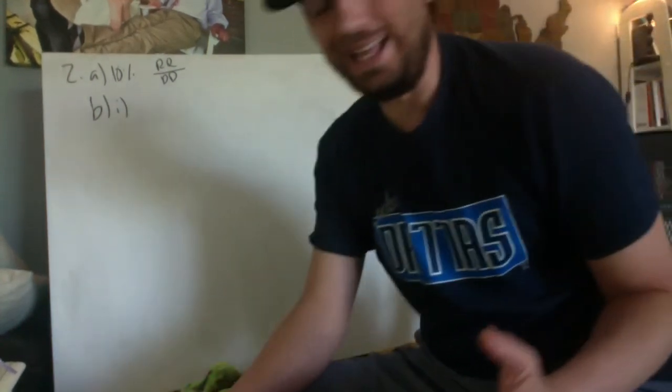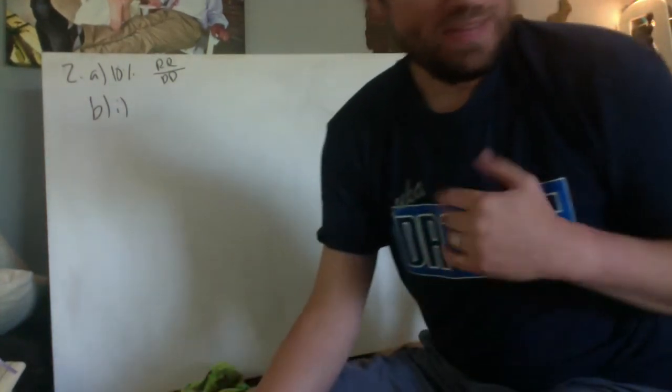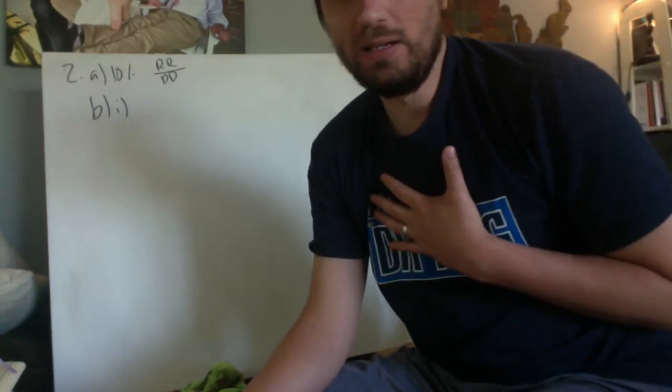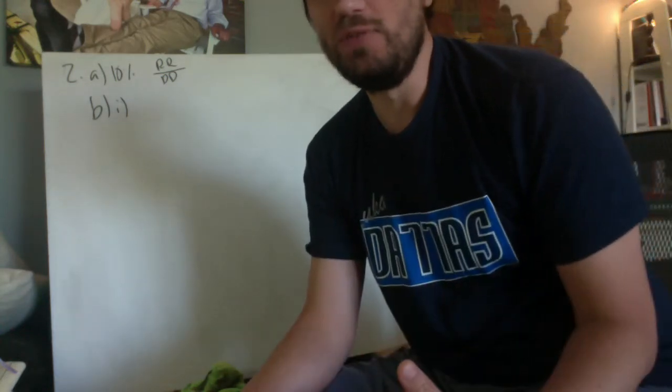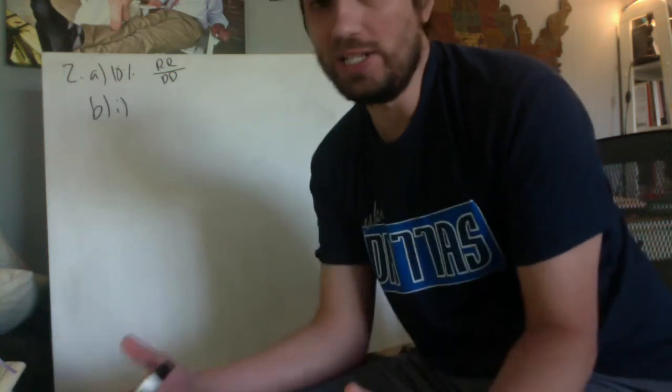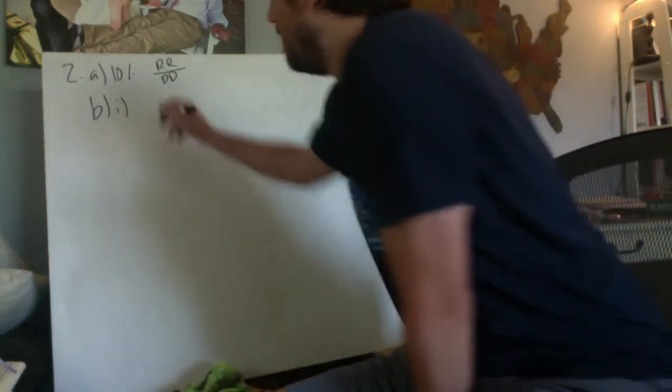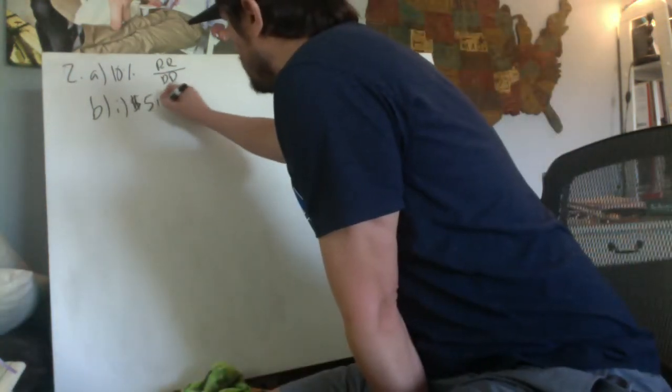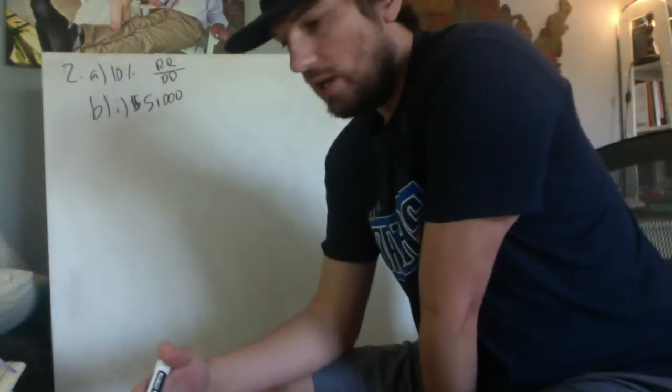Okay, so this may sound really difficult, but if he takes $5,000 out of the bank, that means the reserves decrease by $5,000. It's not a trick question. Okay, so if he takes $5,000 out of the bank, their reserves are going to change $5,000.